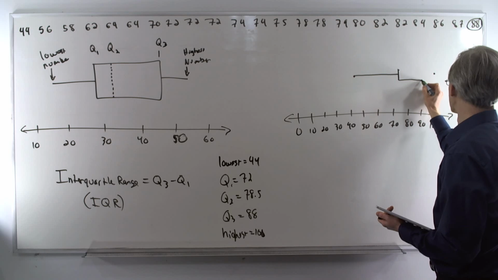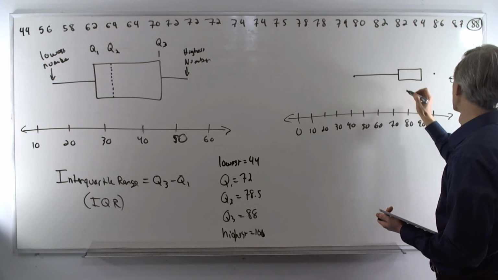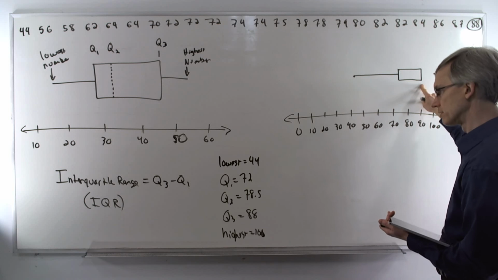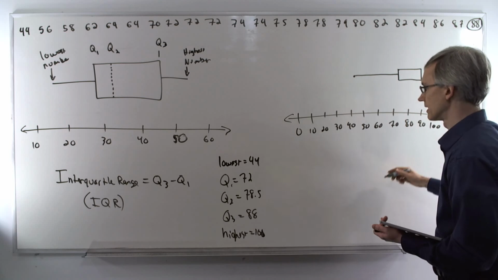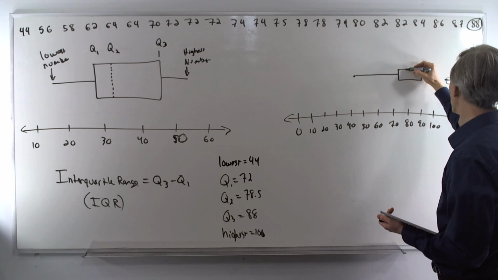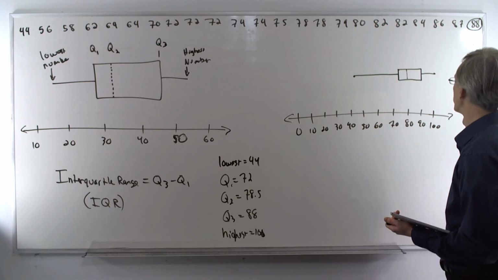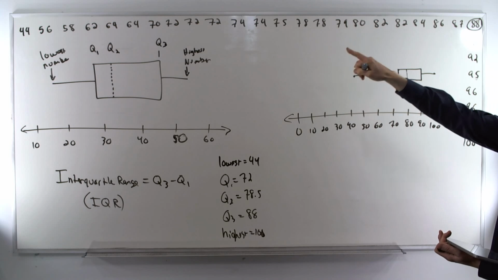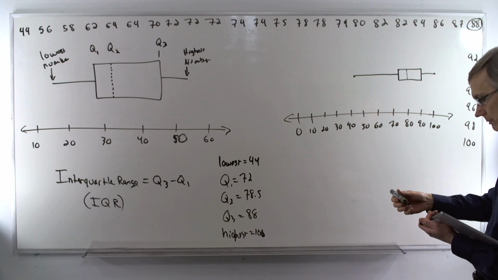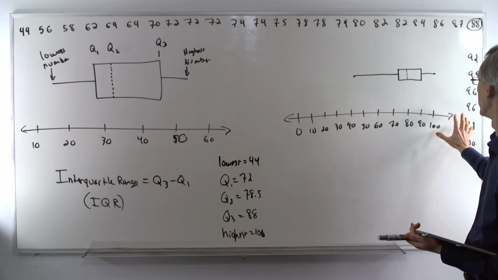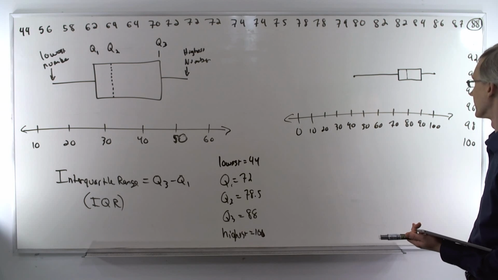So usually what I do is I'll just draw the box first, using Q1 and Q3, and then draw in the median at 78.5, so right around here. And then finish the line out to 100. And there's the box plot for our data set. Like I said, you can look at this and then very quickly get a picture for what's going on in the data set.